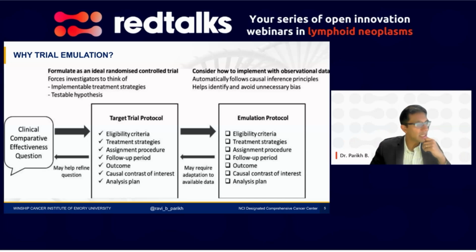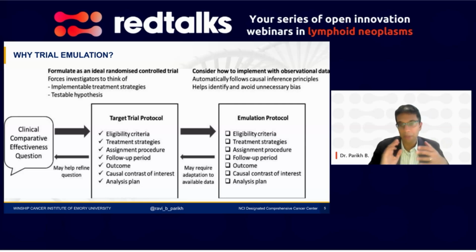I would think of it akin to how we design an actual clinical trial. And I think the highest quality trial emulations try to mimic as much as possible from a real-world clinical trial in terms of eligibility criteria and protocol design and so on.